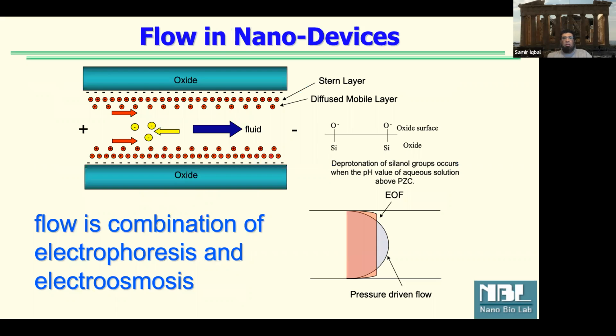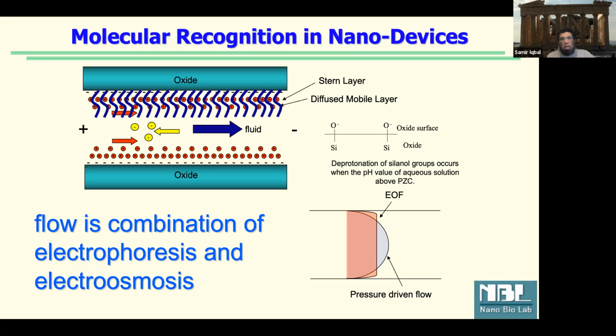So now because of charge accumulation, we have current that starts flowing. We have pressure driven flow, but then there is another thing called electroosmotic flow, which happens due to the phenomenon called electroosmosis. Because of the surface attached charges, which is the electric double layer that I was talking about, there will be a molecule layer which will be moving in the other direction than the actual physical pressurized flow.